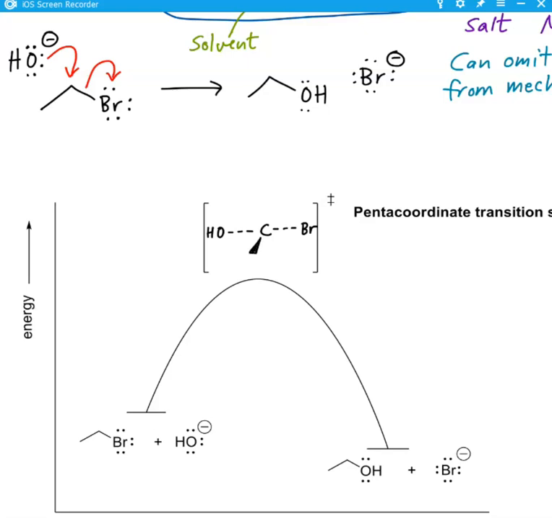That carbon is also attached to a pair of hydrogens and to a methyl group. The hydroxide ion on the oxygen, there's partial negative charge, and there's partial negative charge building up on the bromine. The bonds that I've drawn with these dashed lines represent bonds that are forming and breaking.